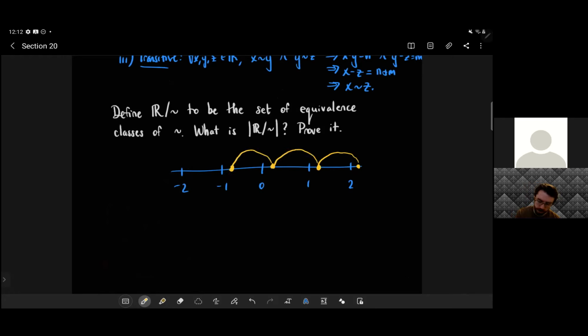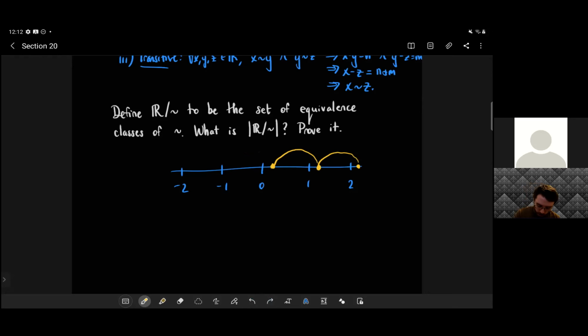It's also equivalent to negative 0.8. So I guess the fractional part only really works if you're thinking positively. But anyway, you have that relationship.